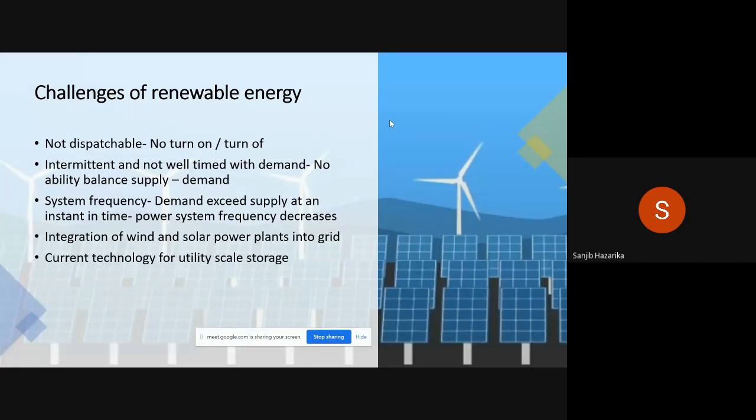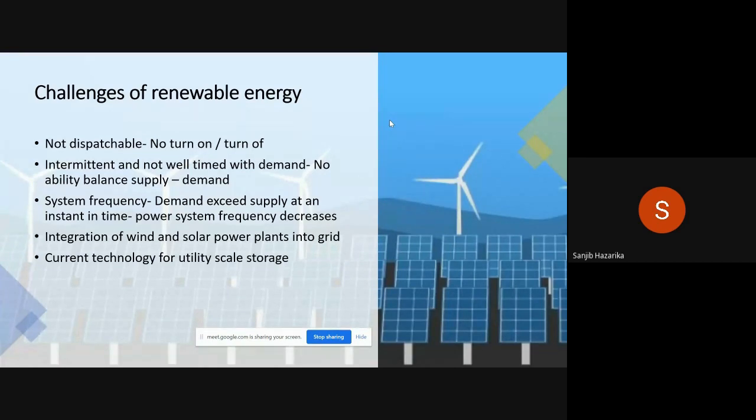Then also integration of wind and solar plants into the grid. That very much depends on what percentage of electricity is produced by wind and solar. At a very small scale, maybe 3, 4, 5%, it may not be an issue. But if we go for a very high percentage from renewables, especially wind and solar, it may have consequences on the grid, and whether the grid is able to take up that kind of variable load. The last point is utility scale storage.